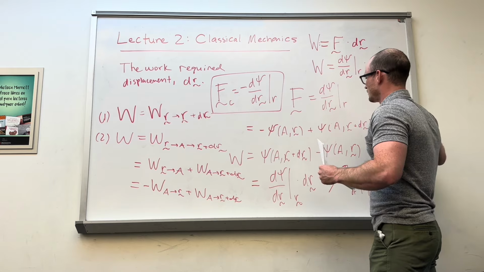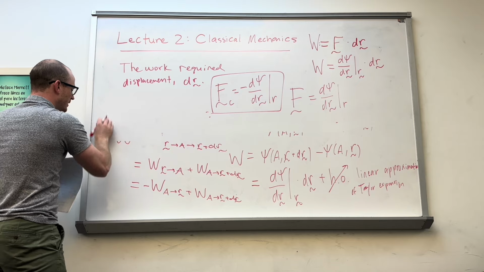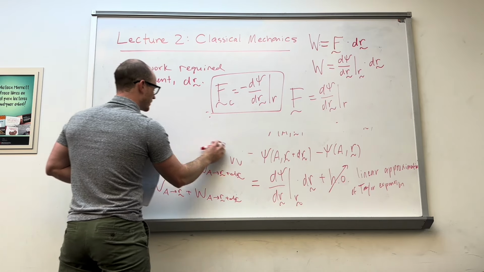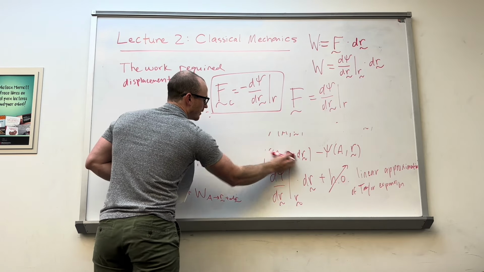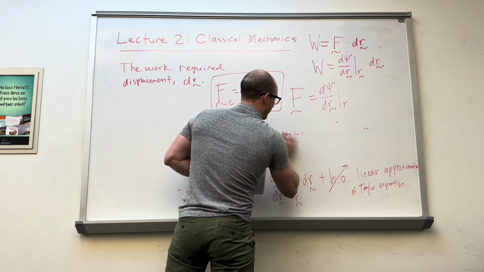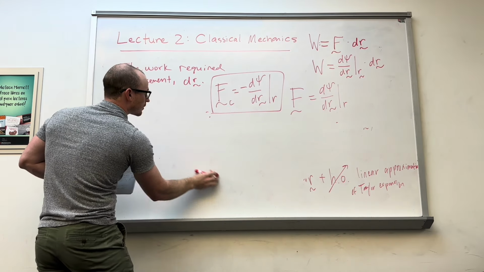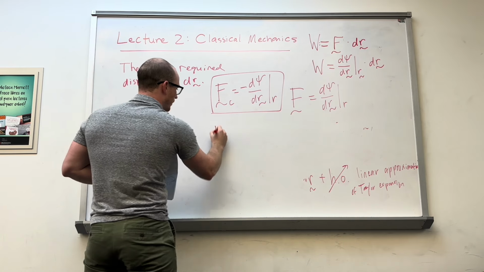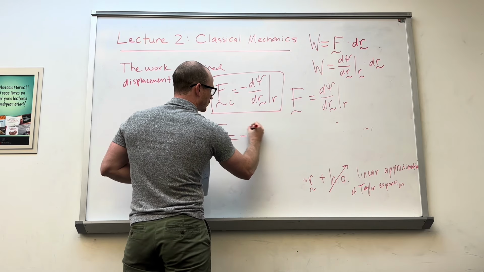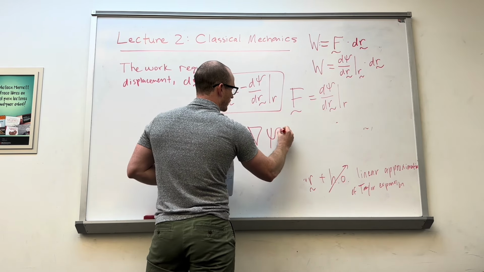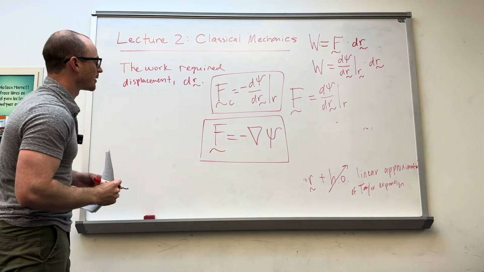And to be super clear, this r we've written in a very general way, so it could be in Cartesian coordinates, spherical coordinates, whatever coordinate system you care about. And the way we can express this equation mathematically in a more concise way is that f is equal to the minus gradient of psi. And this is the relation that we're going to care about.